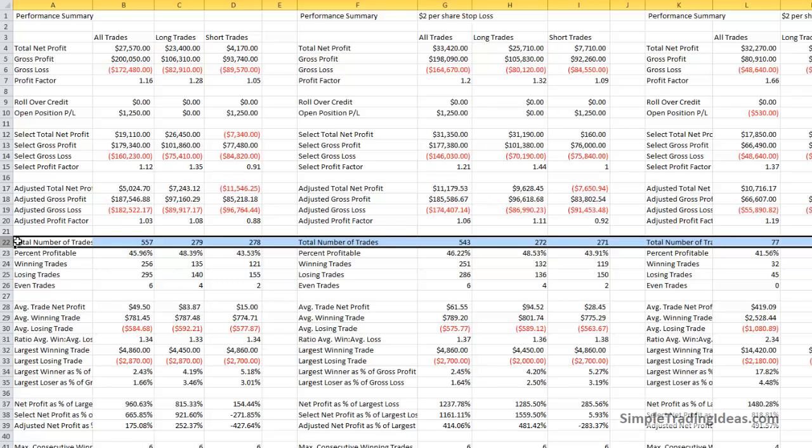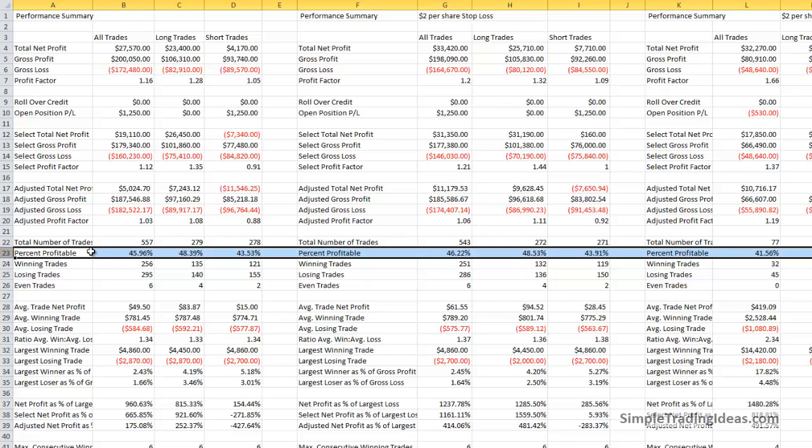Here we are. So here are some things to keep in mind, all other things being equal. Let's look at our total number of trades: 557, 543. That's fewer. Total number of trades here is 77 trades. Now, isn't this interesting?